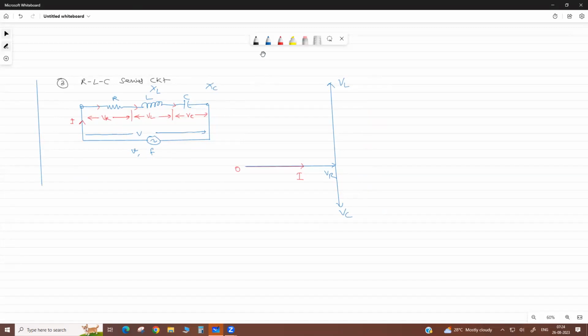Yeah. So see, these are opposite and equal, that depends. Generally, inductive reactance is higher than capacitive reactance. Okay.